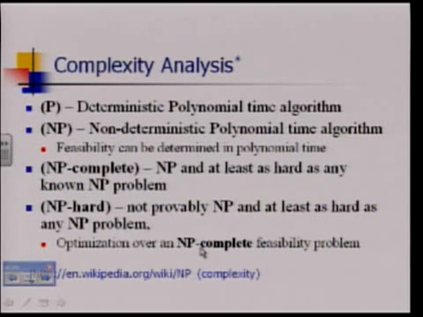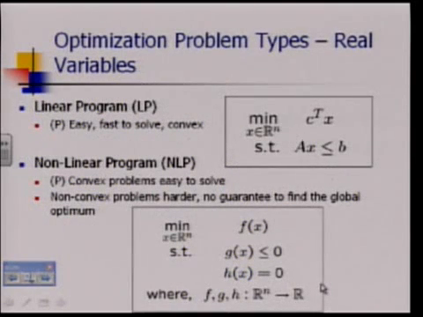And why do we talk about this? Because later when we get into some optimization problems, we will see that by changing the decision variable from continuous to discrete, the problem in fact becomes much harder than what you can think of in terms of finding the optimal solution. So we will get into that shortly.